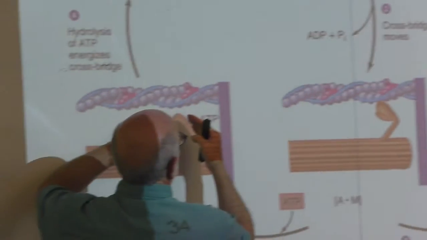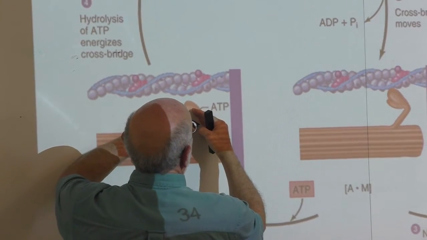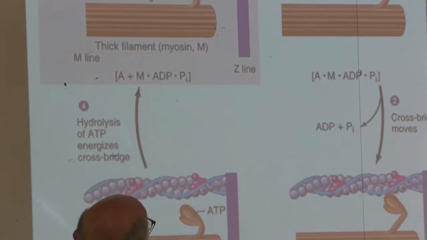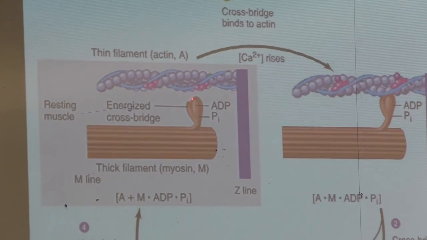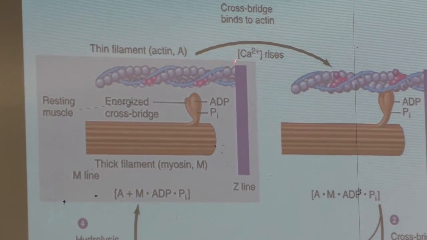Now, the head group detaches from the actin, hydrolyzes the ATP, and it's no longer going to bind to the same spot because it's now closest to this spot.